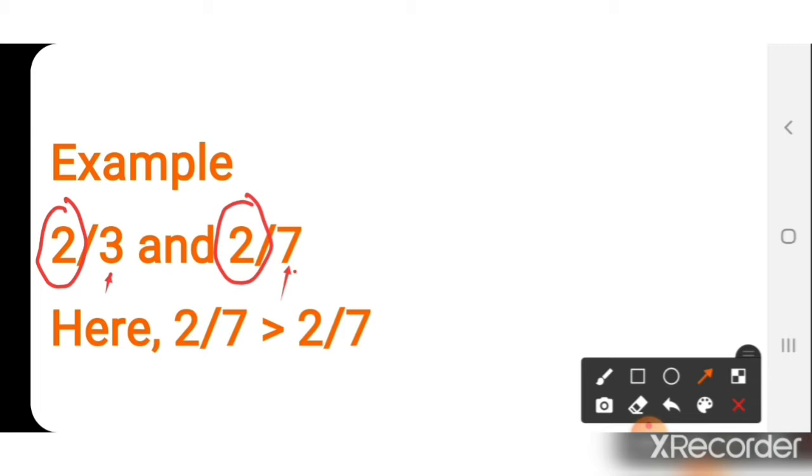So what will we do? Here it is the opposite. Remember, the fraction with the lower denominator will be bigger. So 2/3 will be bigger than 2/7. Okay, here you can write 2/3 is bigger than 2/7.